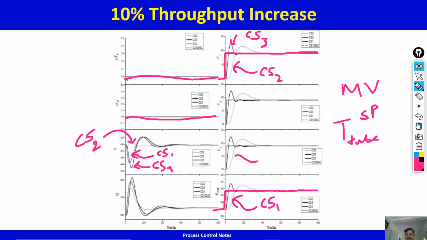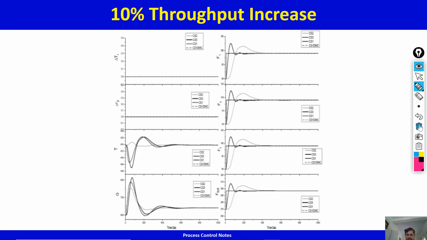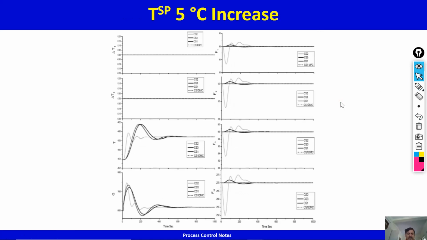Now let's go to the next dynamic response that we have. Here what we have done is the furnace outlet temperature set point is increased by 5 degrees Celsius, and here also you see essentially the same trend.